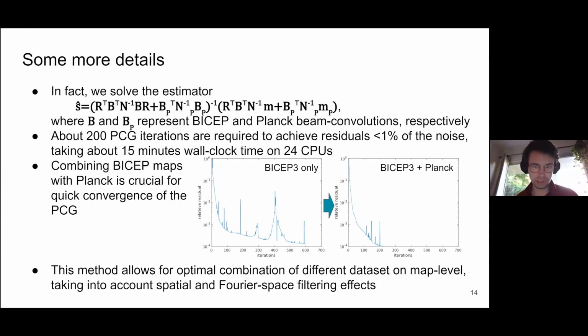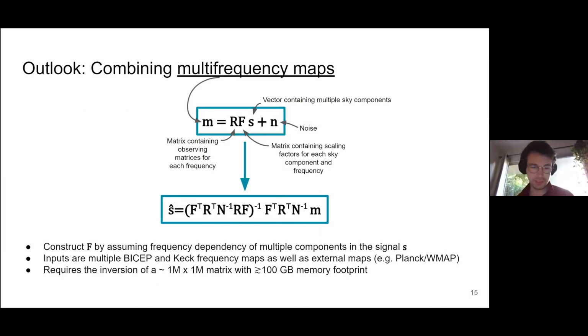And some work-in-progress application would be to build a multi-frequency framework where we combine all available frequencies in some large estimator, accounting for the different scaling of and different assumed sky components, which results in an estimator where we have to invert somewhat like a 1 million by 1 million matrix, and the memory footprint gets quite large, using five of these observing matrices.